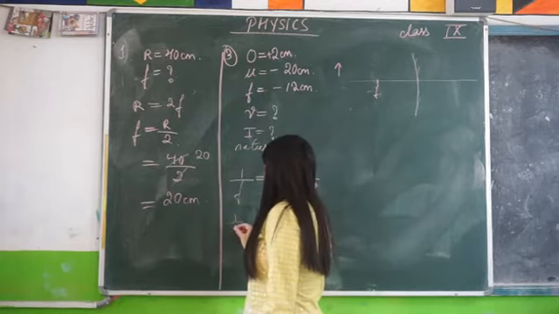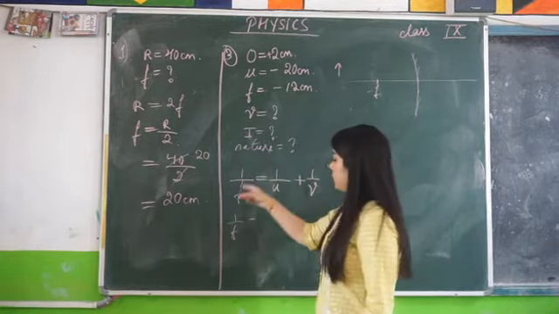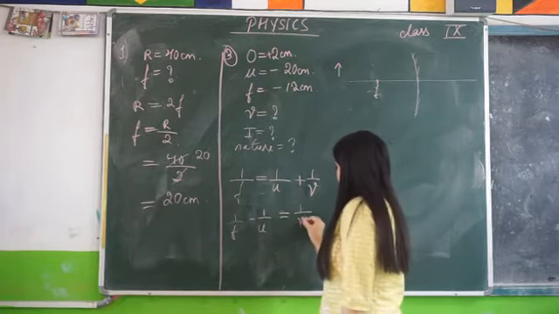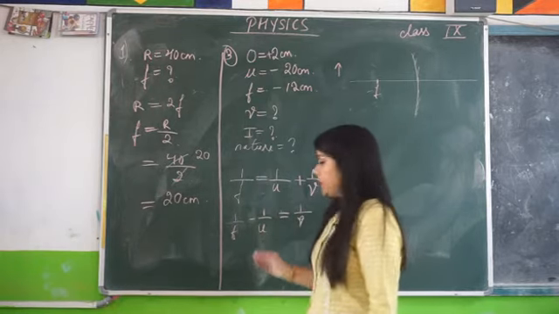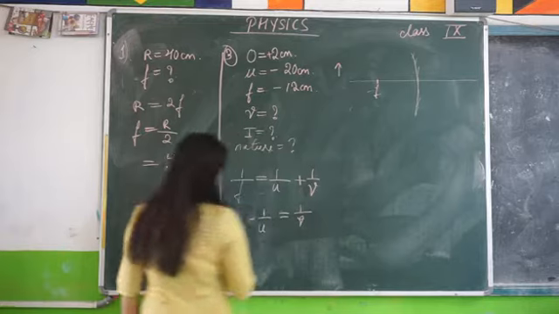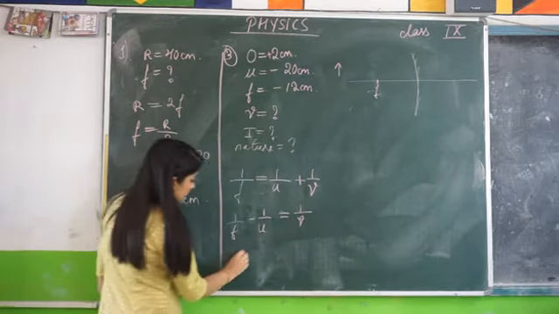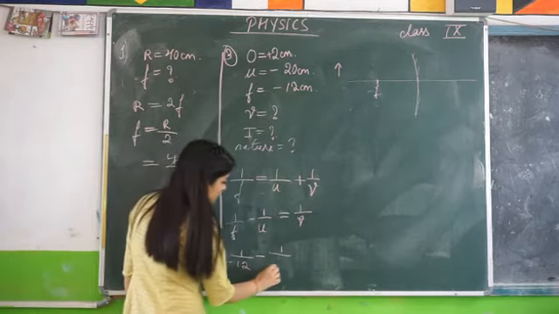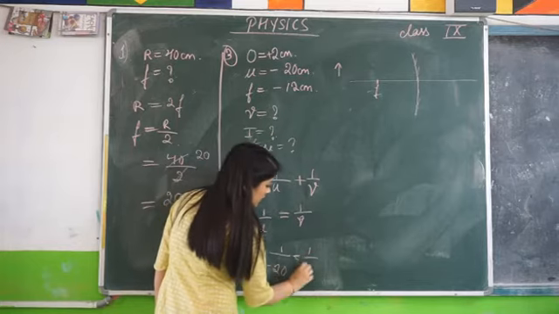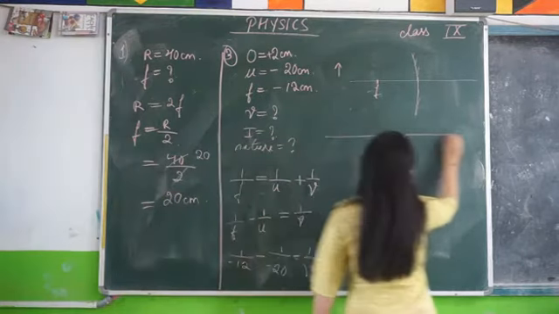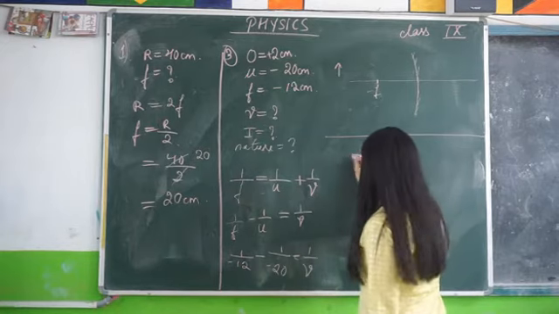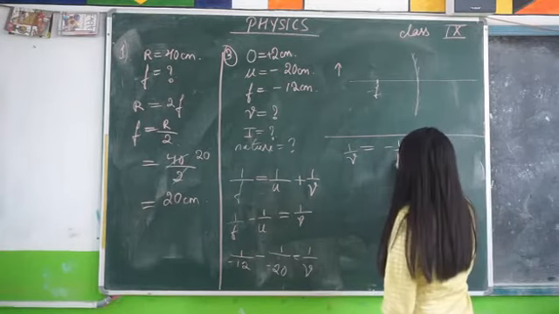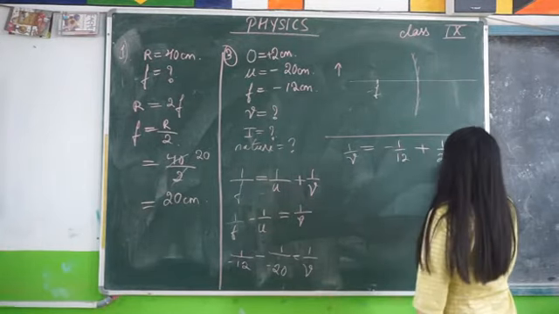So it becomes 1 by f minus 1 by u is equal to 1 by v. Now we can put the values. The value of f is minus 12, and the value of u is minus 20. So 1 by v is equal to minus 1 by 12 plus 1 by 20.